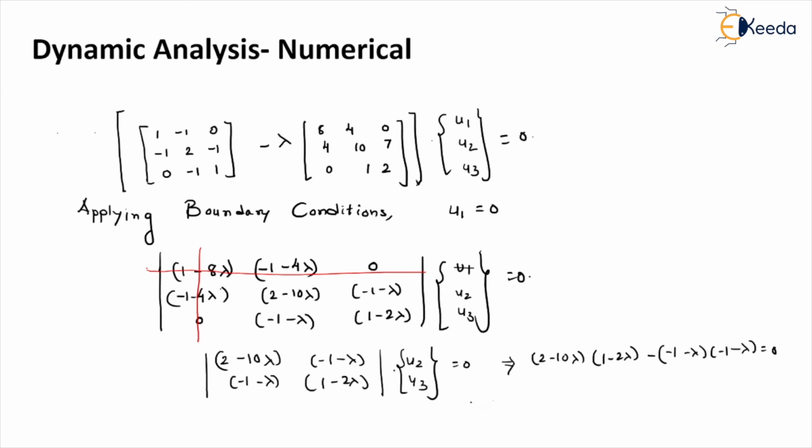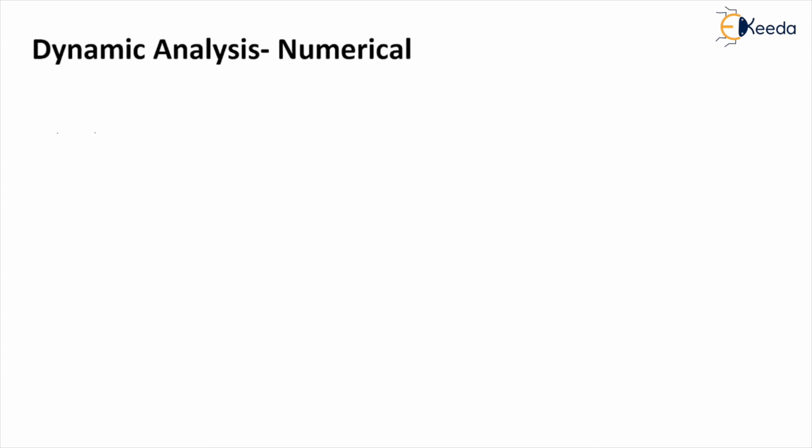If we calculate this equation, we have: 2 minus 4 lambda minus 10 lambda plus 20 lambda square minus 1 plus 2 lambda plus lambda square is equal to 0.